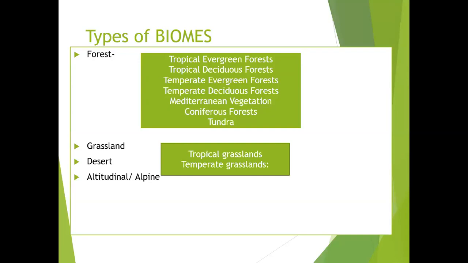You'll find diverse biodiversity. The primary ecological productivity of the tropical rainforest is the highest of all biome types of the world. It accounts for 40% of the total net productivity of the world.